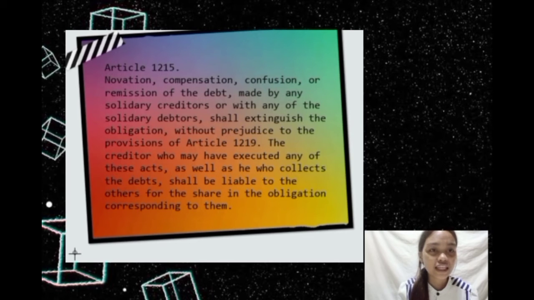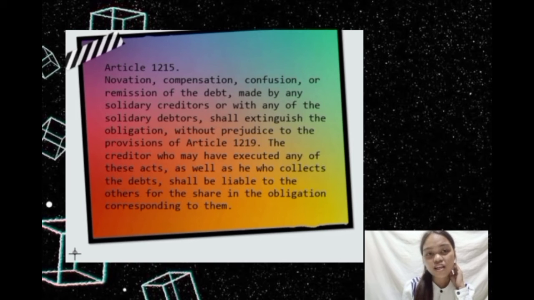Kate and Diane endorsed the note in favor of Jane, Jane in favor of Russell, and Russell in favor of Princess.